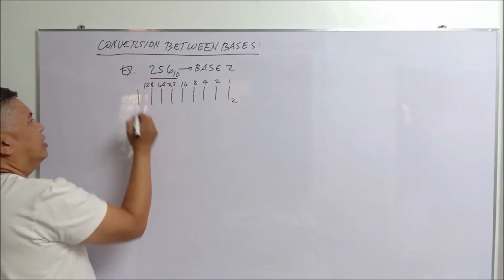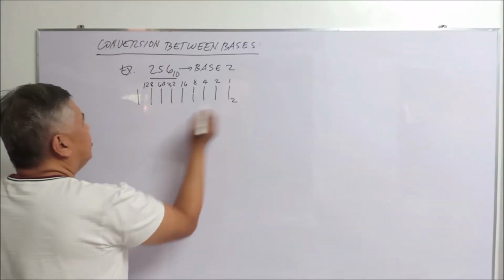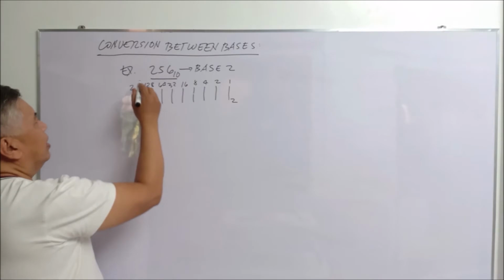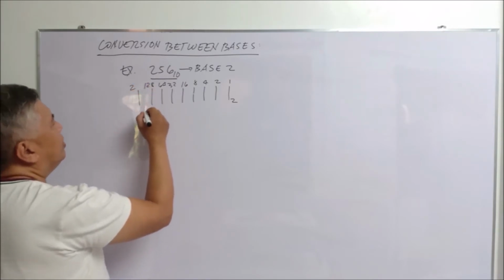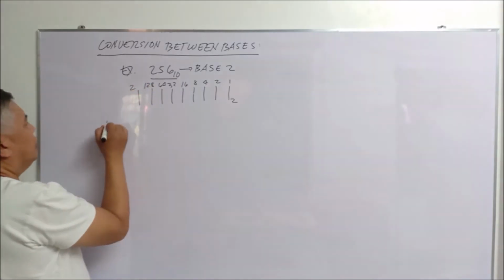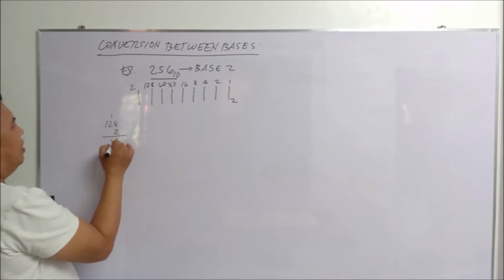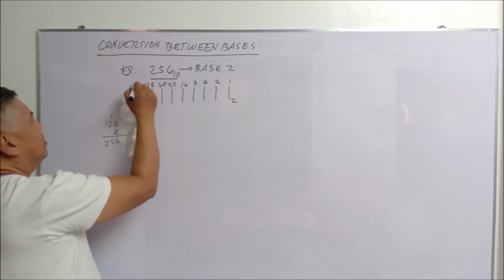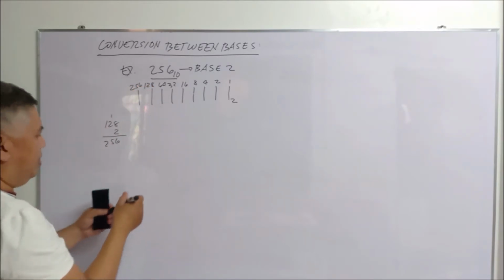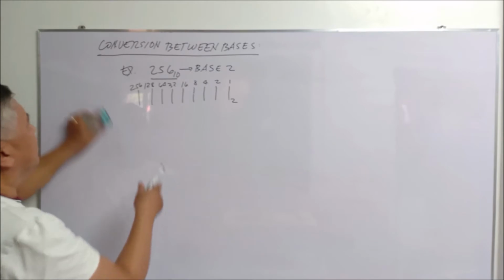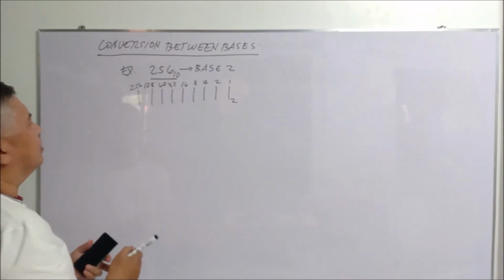And then, next is 128 times 2, which is 256. Okay? Now, 256 here is the given number.